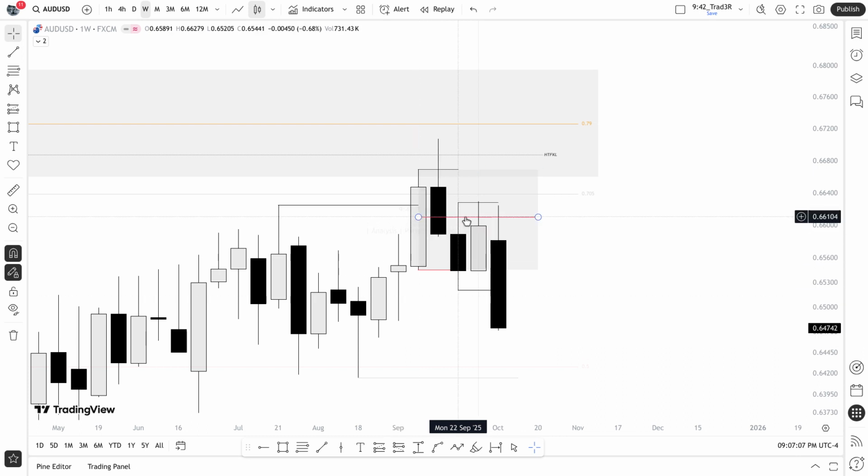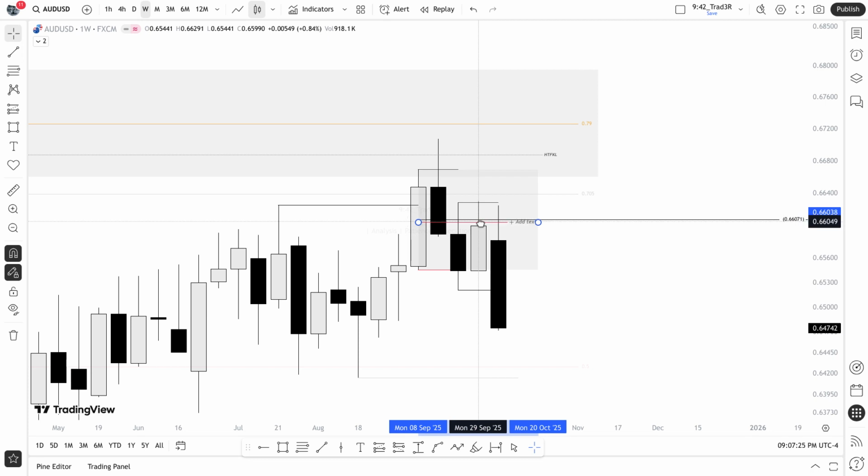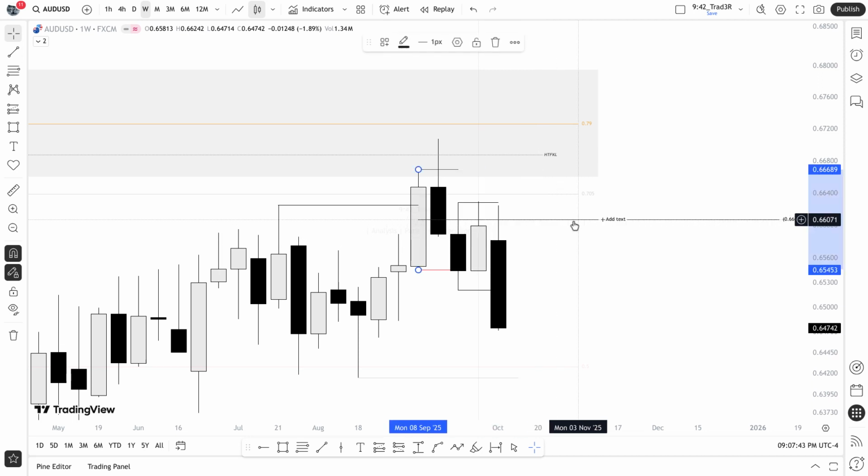Alright, let's just mark it out, so it's 50%, and keep the line there. Just give me a minute. Alright, the 50% came in at 0.666071. So that's the 50% of the order block. So we can delete this gray box and just focus on the red line.